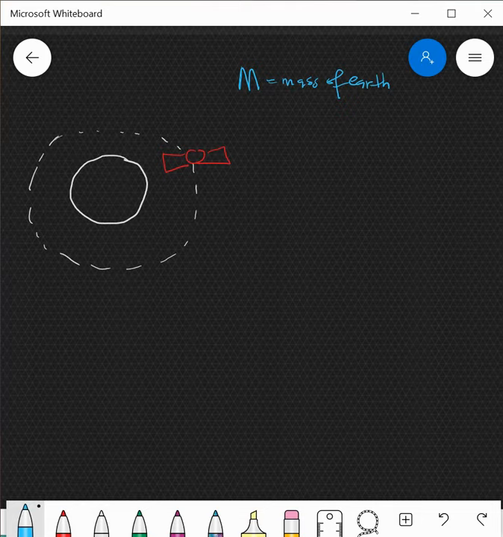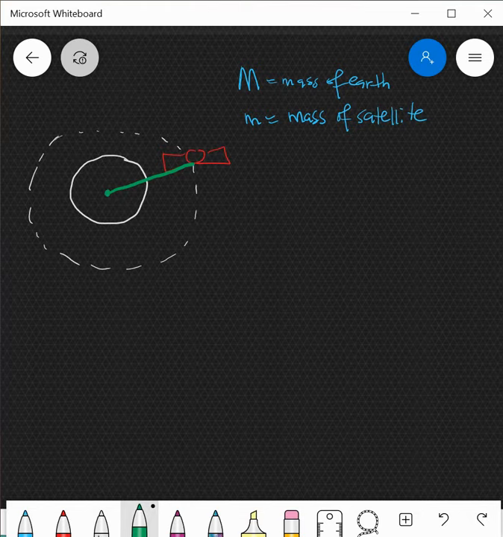And then we have small m, which is mass of satellite. Okay, and then we have radius of orbit of satellite r. Okay, radius tu adalah from the center of the earth sampailah dekat orbit tu. Okay, so this is r. This is we call as radius of orbit.